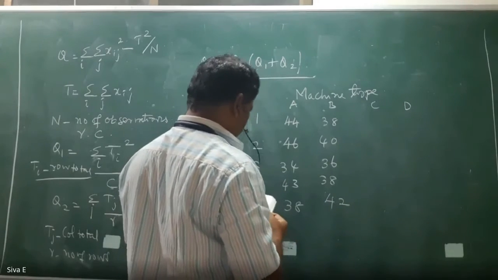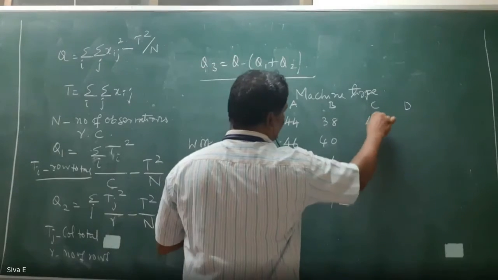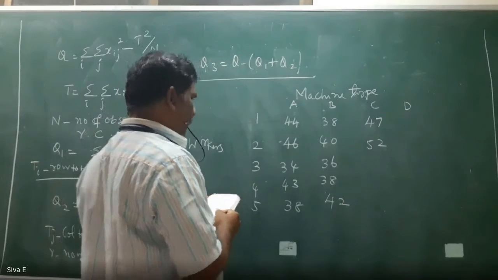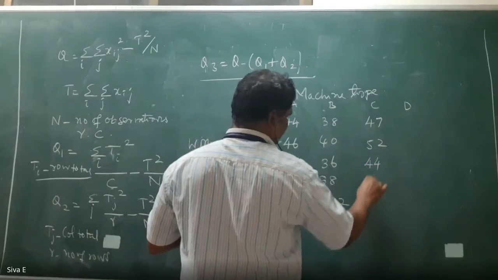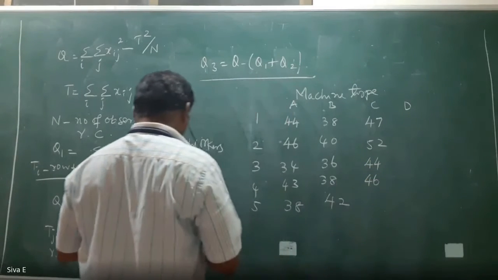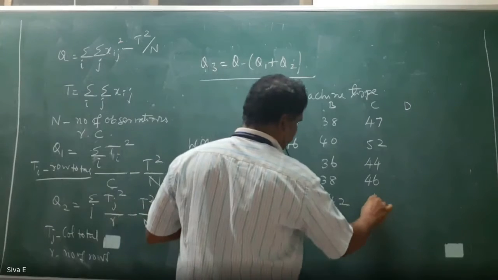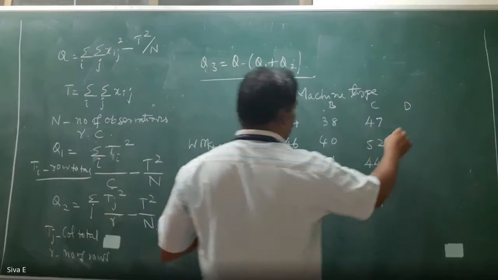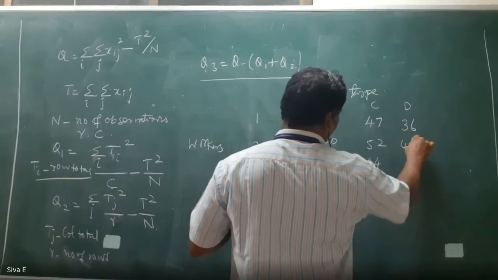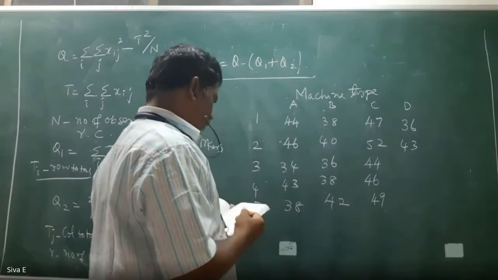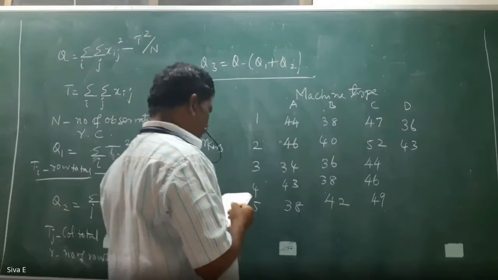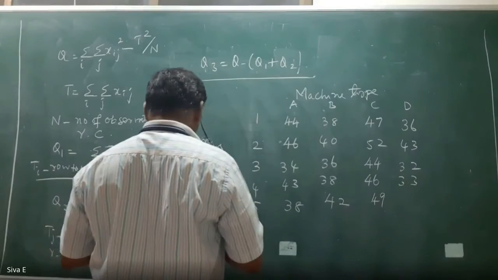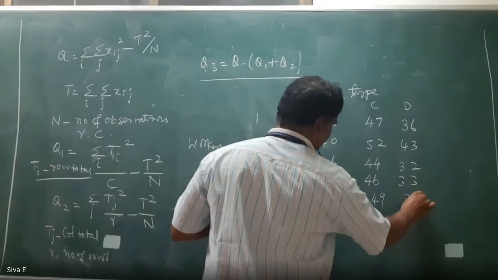Third one: 47, 52, 44, 46, 49, 46, 43. Then 22, 33, 31.